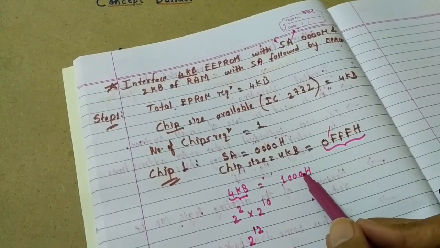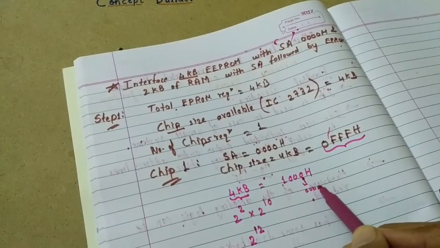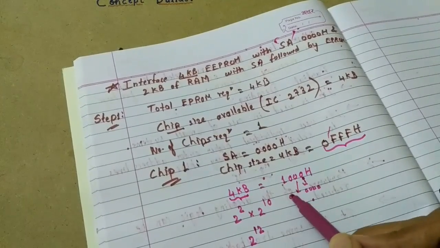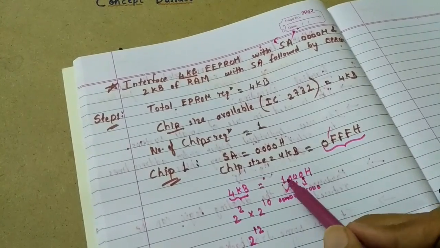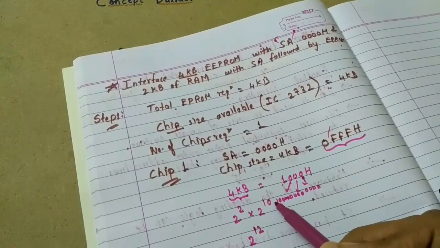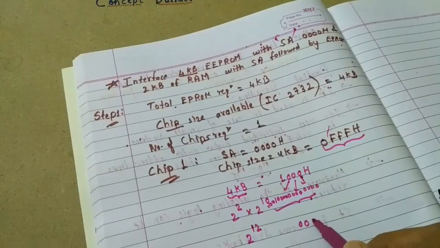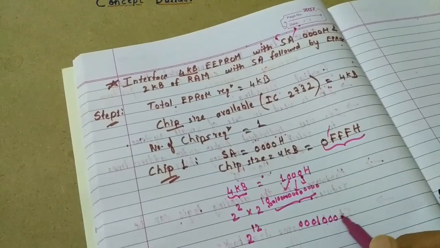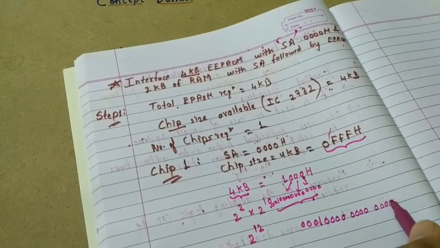In hex we can write it as groups of four bits: 0001 0000 0000 0000.